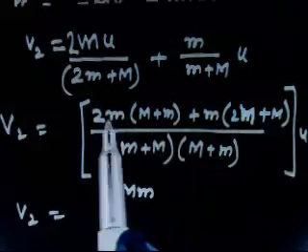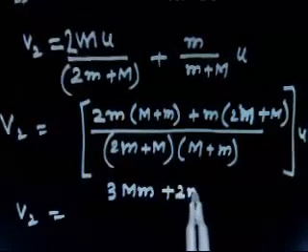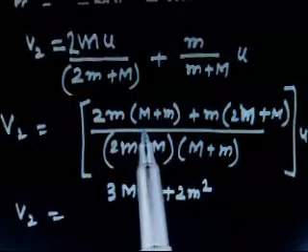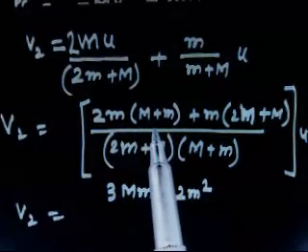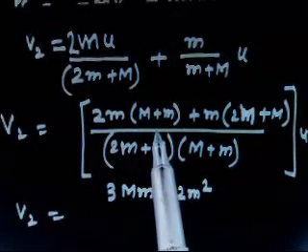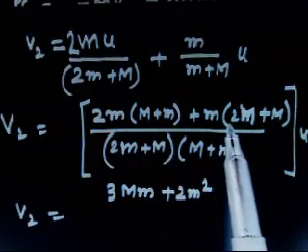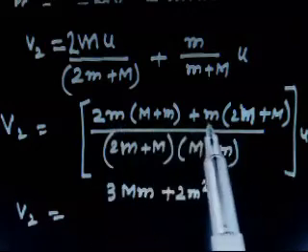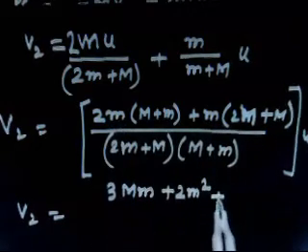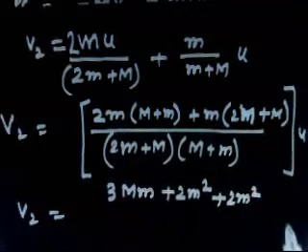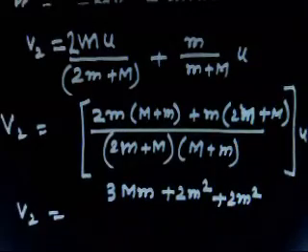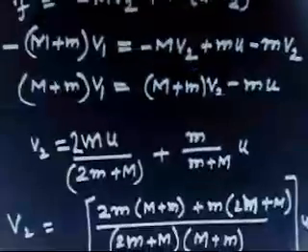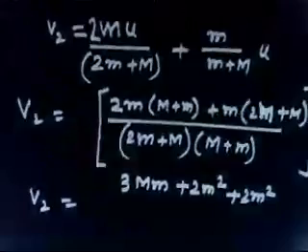Now 2m into M, so this is 2mM square, and here 2m into 2m, so 4m square. Are you getting or not? Basically we have done one mistake.